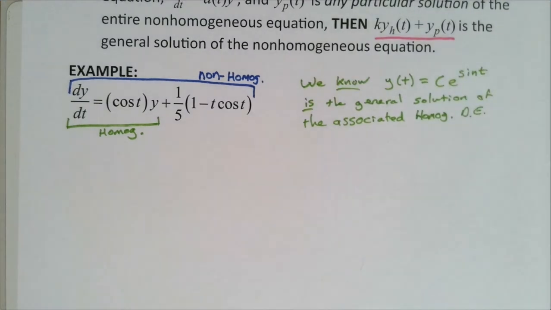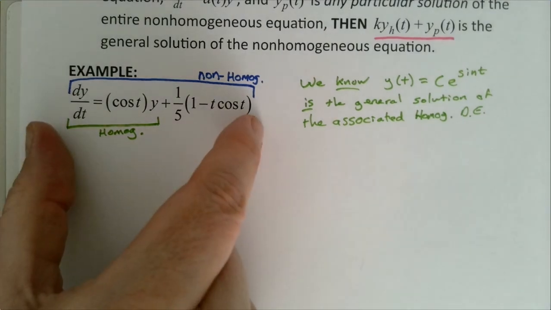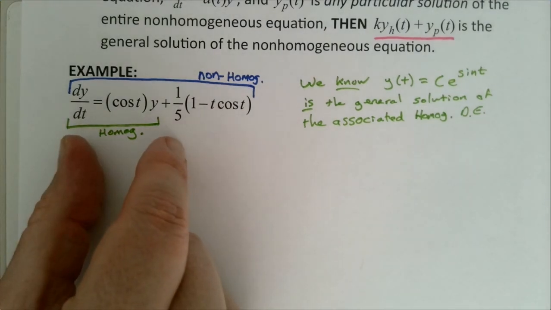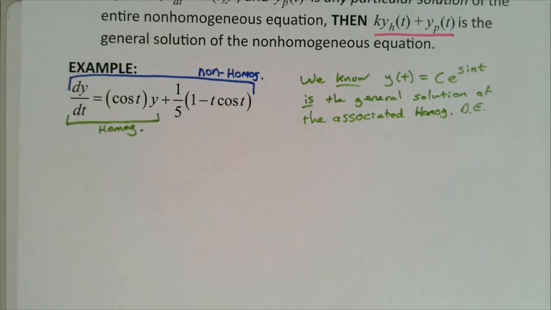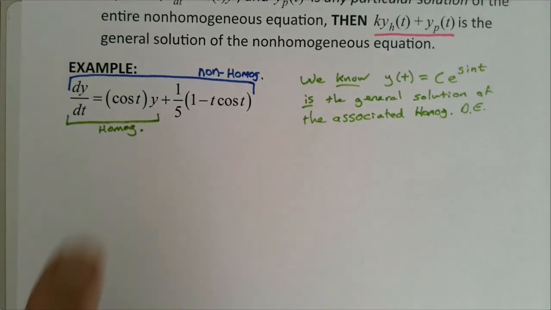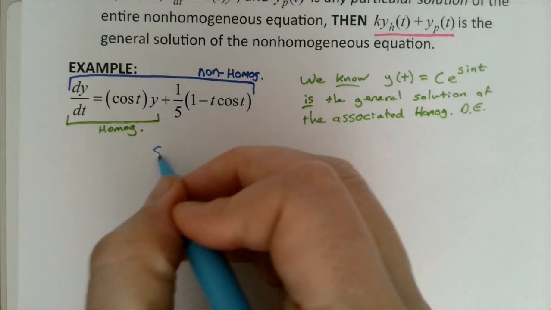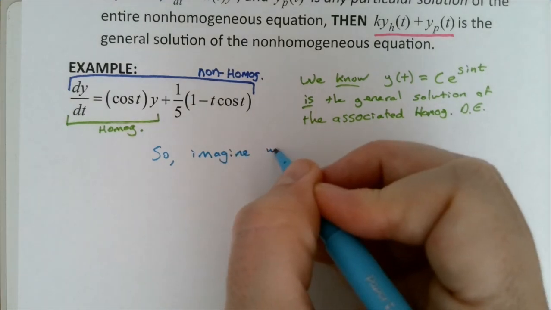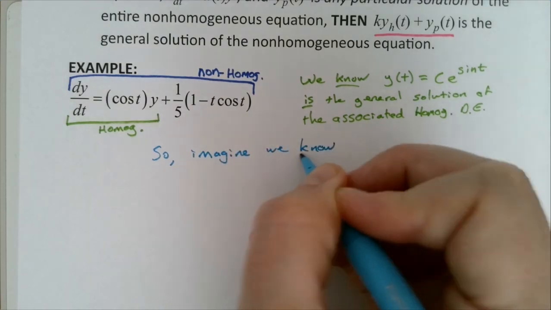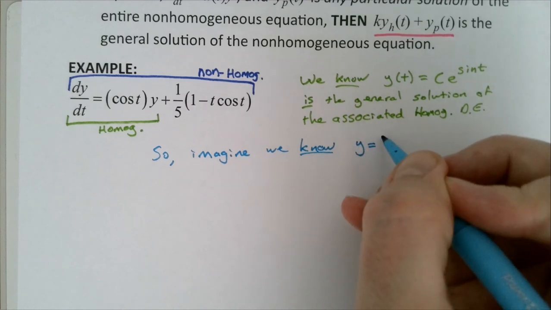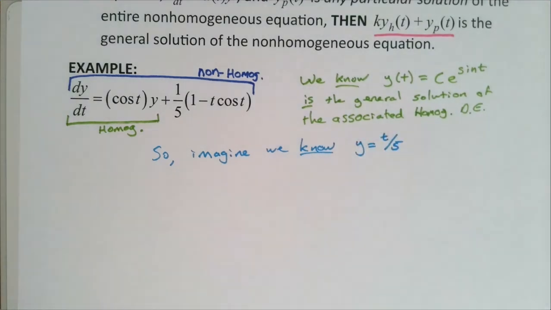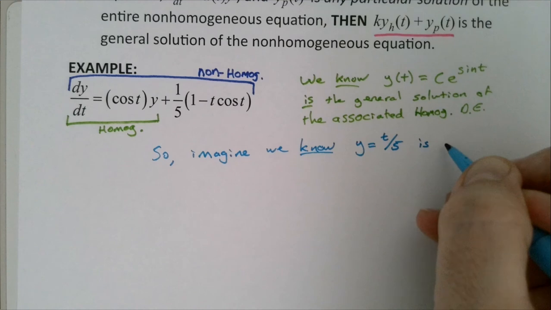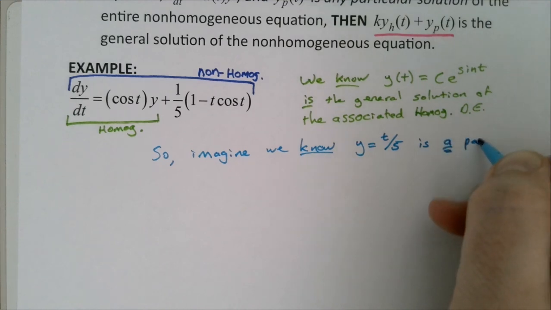We just found that on the previous page. So part of this big honkin' mess we know how to solve. What we need now is some particular solution for this whole thing. So down off to the side, imagine, just for right now, that we know y equals t over 5. That is a particular solution.